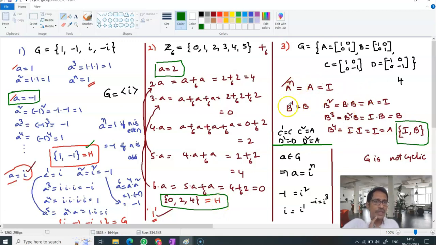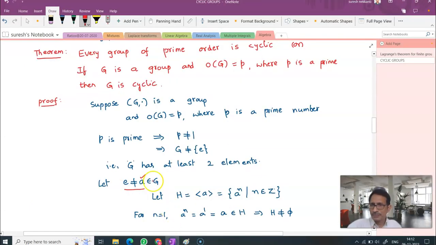Similarly, you take B and it gives rise to some H. If you remember, in the first video I told you that this becomes a subgroup. You can observe that this is a subgroup, called a cyclic subgroup. That is what exactly we do here.